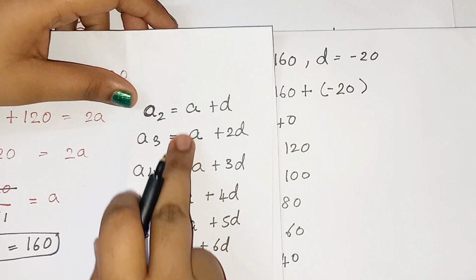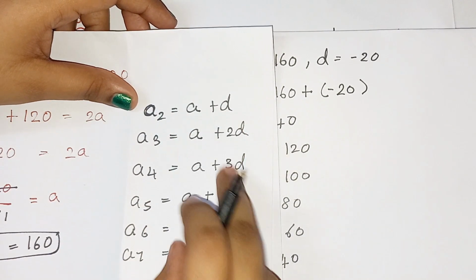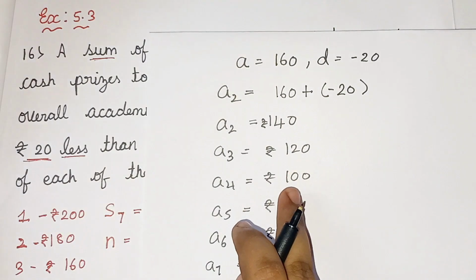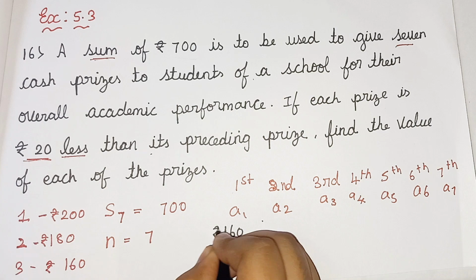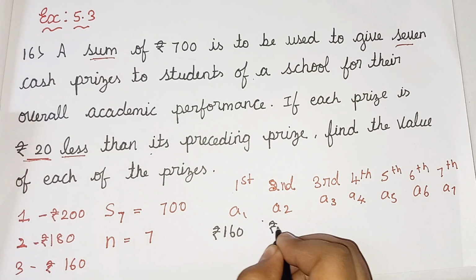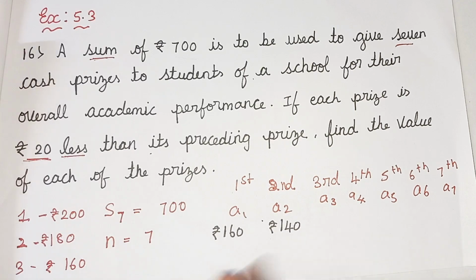You just apply the values. A value is 160 and D value is minus 20. If you apply them, you will get these values. So the first price is 160, and the second price is rupees 140. Likewise we are supposed to write it. So this is going to be our AP. Finally we got the AP, so this is the answer.